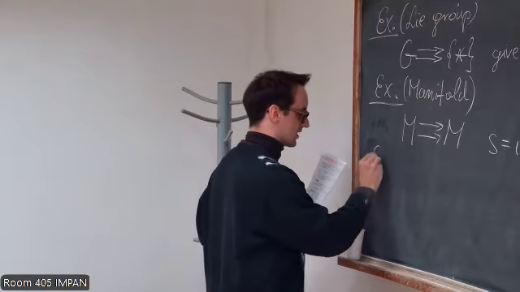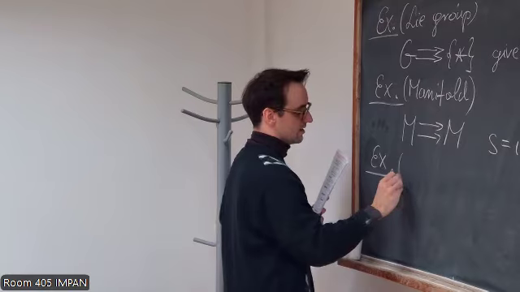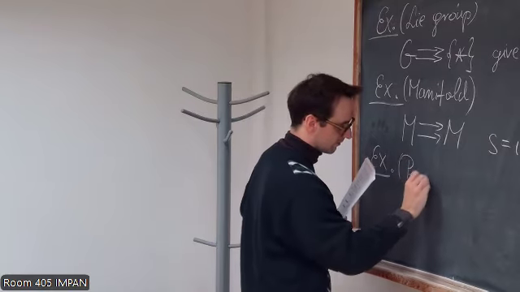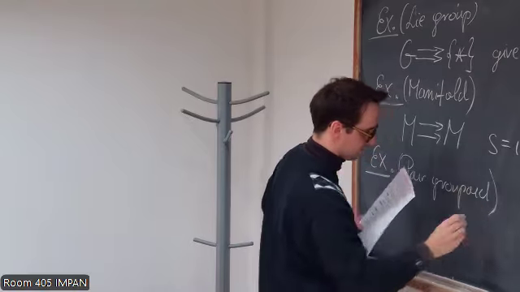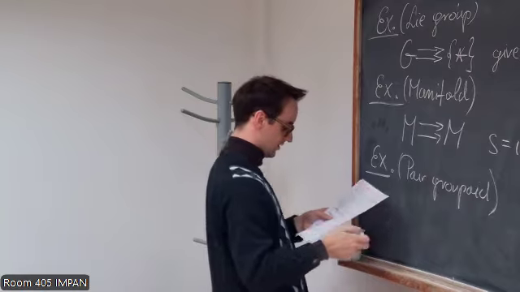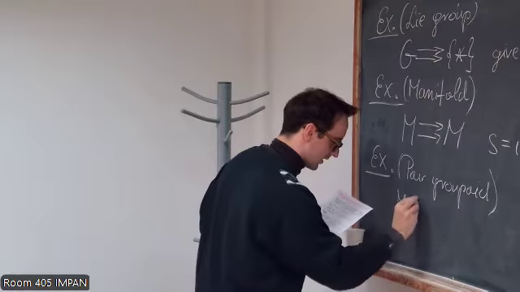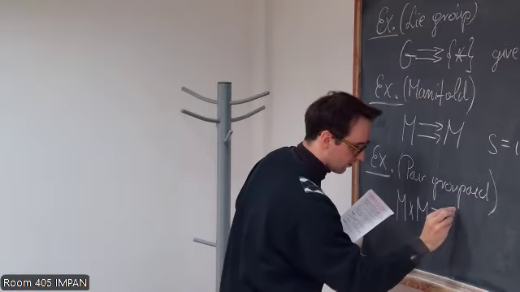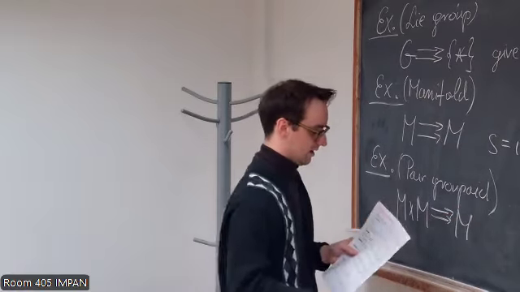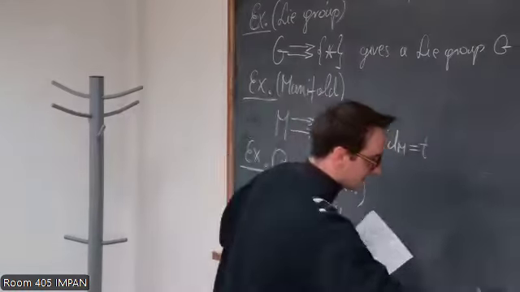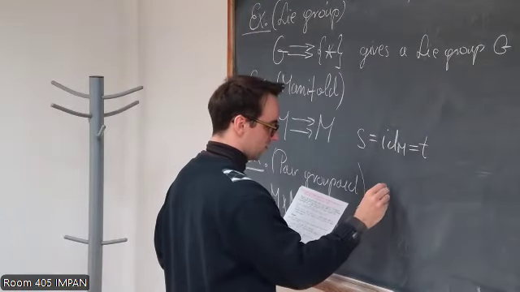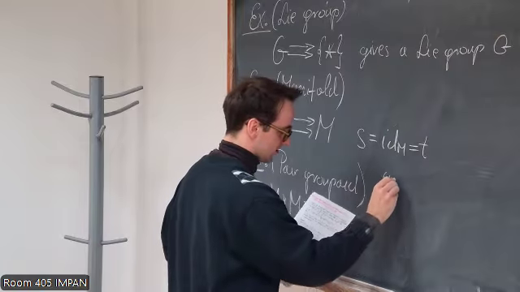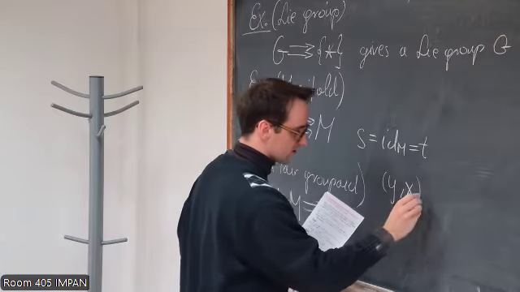Okay, so the next example is the pair groupoid. The groupoid M times M over M, and the maps are defined as follows. The arrows are just a pair of points.